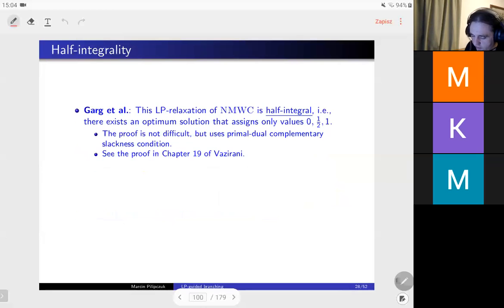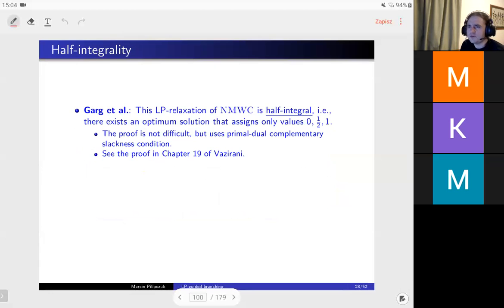Now we want to understand the properties of this LP relaxation, and this is a bit beyond the scope of this lecture and this course.